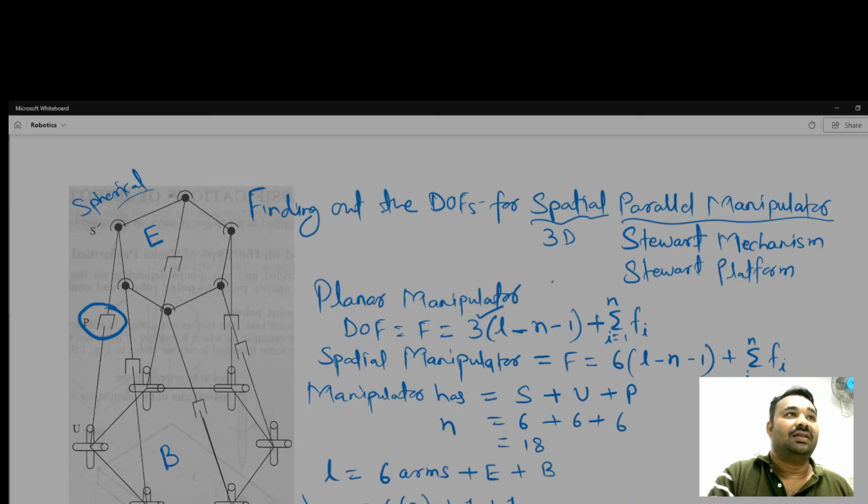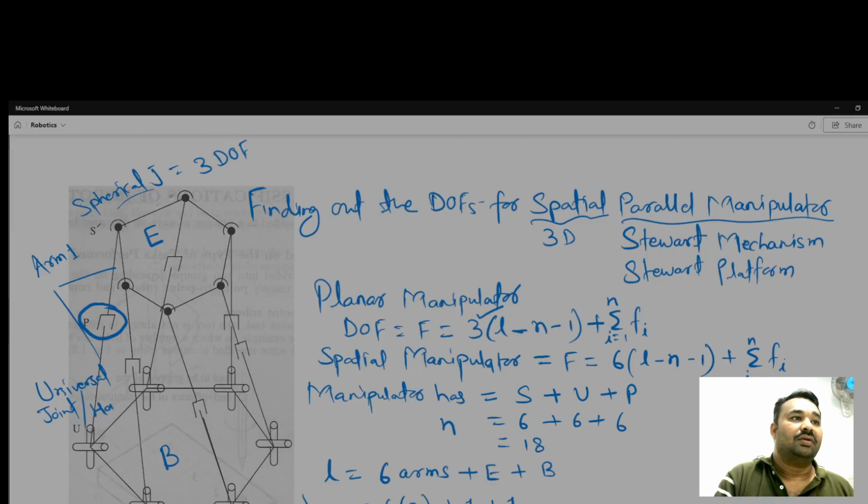Each spherical joint provides 3 degrees of freedom and is connected by an arm. Each of these creates, suppose, arm 1, connected by the prismatic joint, and at the bottom it is connected by the universal joint or hook joint.